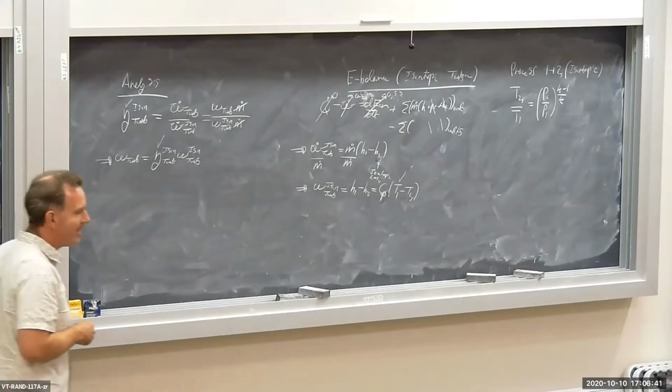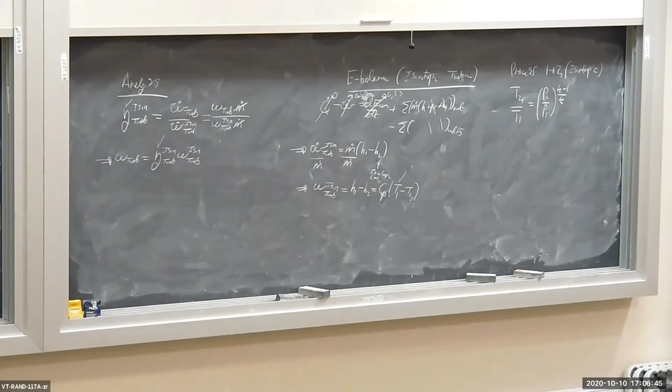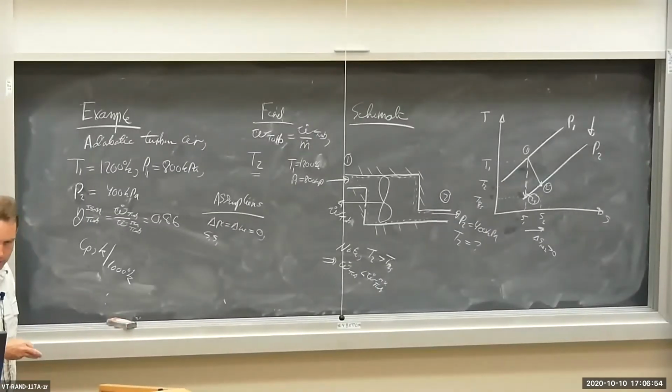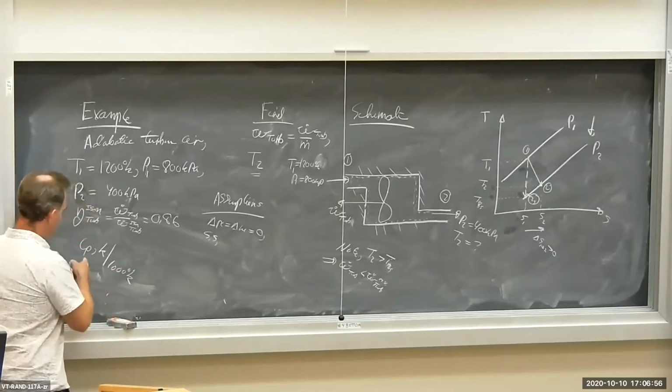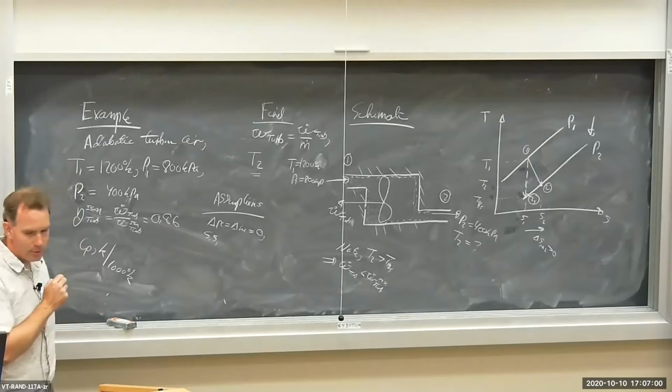To do this, I need K, the ratio of Cp over Cv. So I need to look up some specific heats here. I am told to evaluate Cp and specific heat at 1,000 degrees.